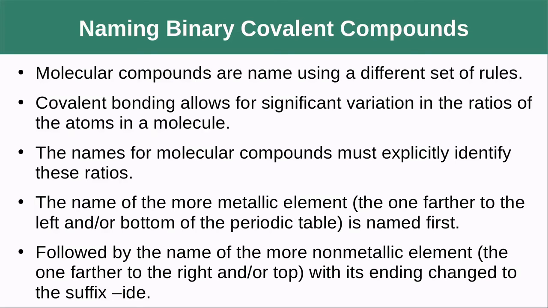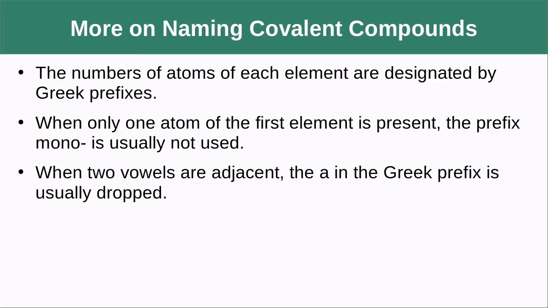And we're typically going to start with the more metallic element, the one furthest to the left or to the bottom of the periodic table. Sometimes there's a little discrepancy about which one should be first, and you'll actually see things written a little bit differently on those edge cases. So try not to get too caught up on that.